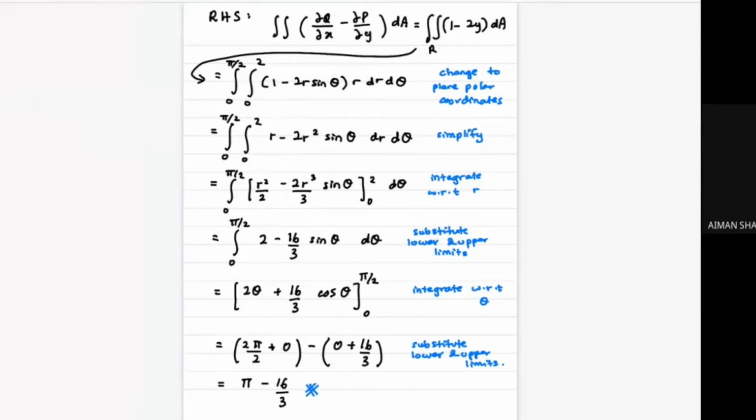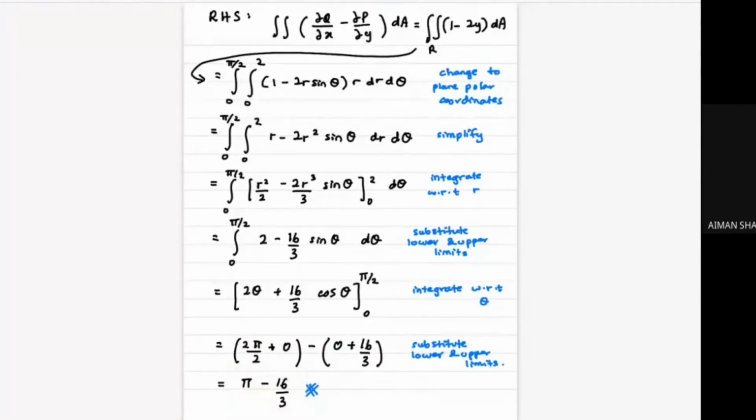And then integrate this with respect to theta. Integrate 2, you get 2 theta. 16 over 3 sin theta, you get negative 16 over 3 cos theta. Then you need to substitute your lower and upper limit, then simplify. So this is your answer for the right hand side, your surface integral.